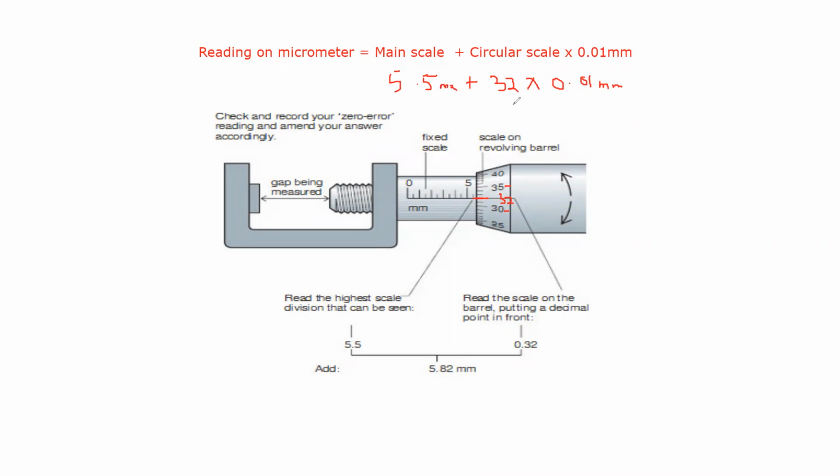When we multiply first, it comes out as 5.5 plus 0.32 millimeter, and we add them, so it will be 5.82 millimeter. That will be the length of the object which was placed between the jaws of this micrometer. Is it clear? The reading on the micrometer, how we use it?